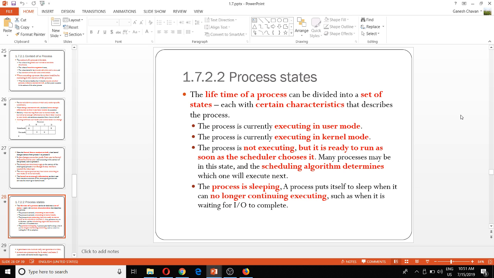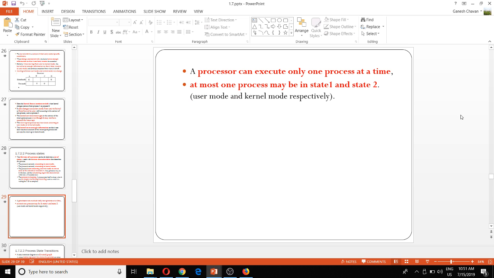Many processes may be in this state and the scheduling algorithm determines which one will execute next. The process is sleeping. A process puts itself to sleep when it can no longer continue executing, such as when it is waiting for I/O to complete. A processor can execute only one process at a time. At most, one process may be in state 1 and state 2.